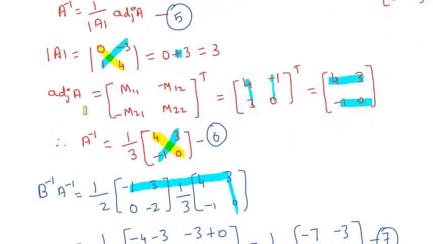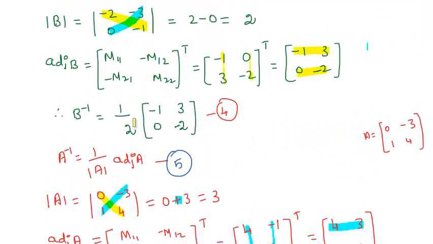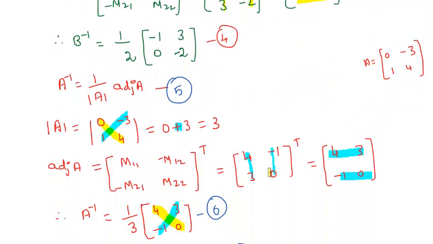And then for finding the adjoint of A, use the same formula as we used for finding the adjoint of B. You have to find the minor of each and every element present in the matrix. How do you find the minor? Simply eliminating the respective row and column. If you eliminate the first column and first row, you will get 4.